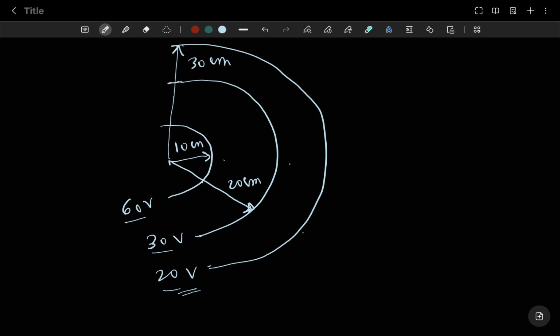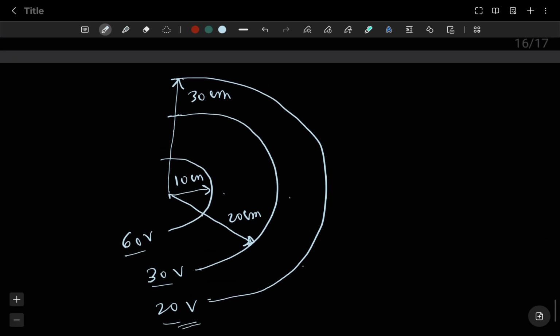You see the distance and the voltage. In the first case, 60 into 10 centimeter, it is 60 into 10 by 100. So it is 6.